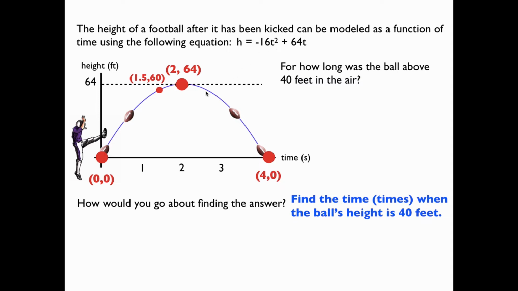Now, we say the values because if you think about it, if the maximum height is 64 feet, then when is the ball going to be 40 feet high? Well, it's going to be 40 feet somewhere on the way up, and it's going to be 40 feet again somewhere on the way down. And we want to know how long did it take, or for how long was the ball above 40 feet. So we're trying to look for the interval between those two times.